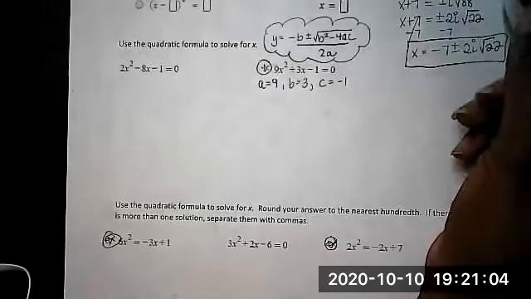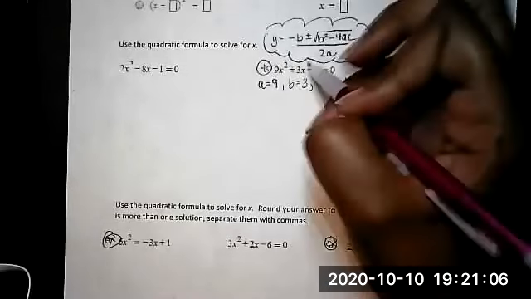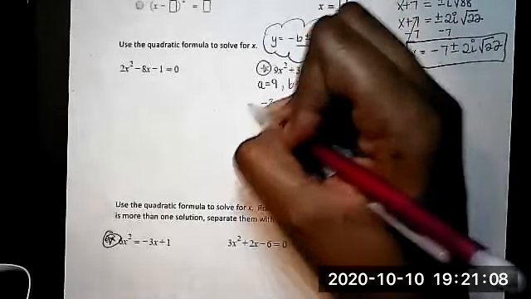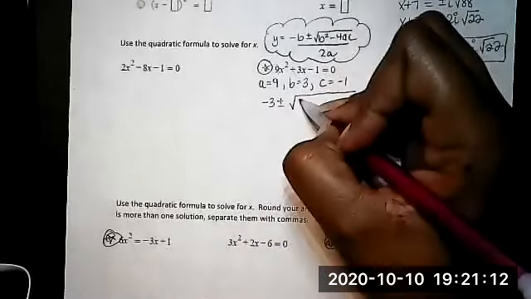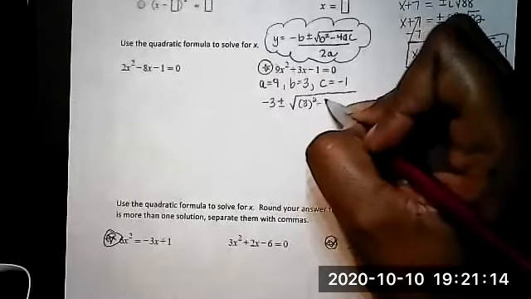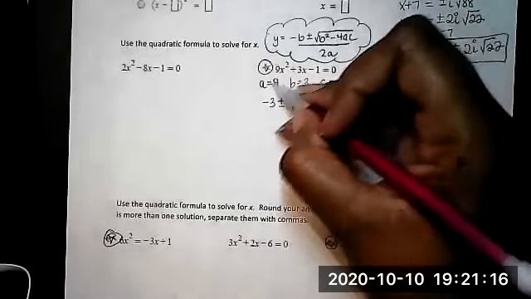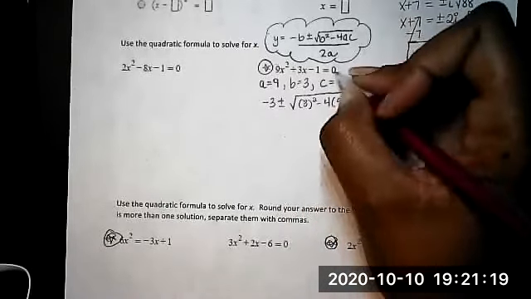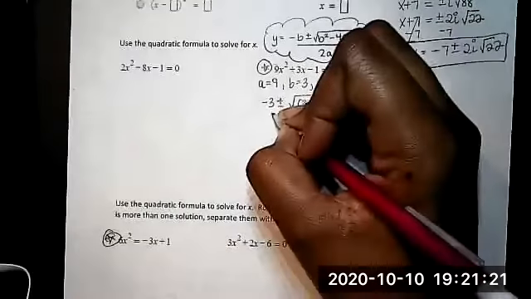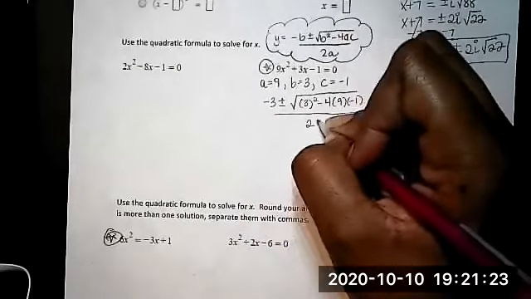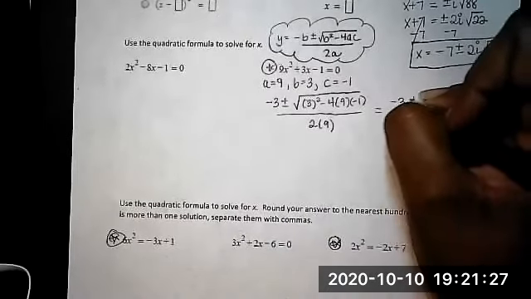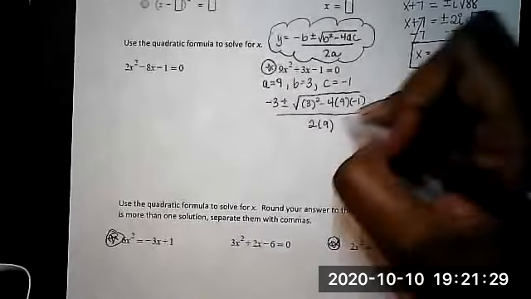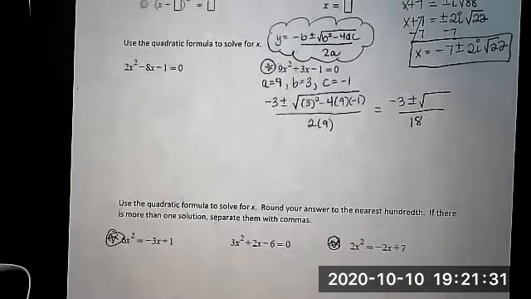Okay, so we're going to use negative b, which is negative 3, plus or minus the square root of 3 squared minus 4 times a, which is 9, times c, which is negative 1, all over 2 times 9. So here, negative 3 plus or minus something over 18, because 2 times 9 is 18.